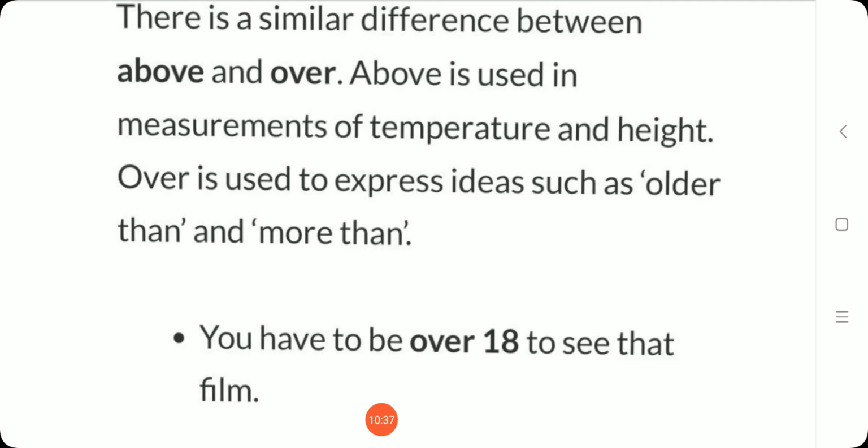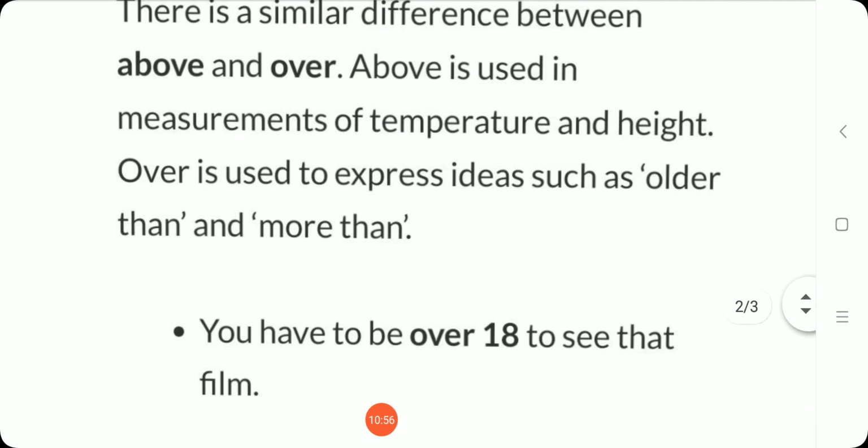So under எங்க யூஸ் பண்ணலாம்னு பார்த்தோம்? For younger than or less than. For less than or younger than நம்ம under யூஸ் பண்ணலாம்னு பார்த்தோம் இல்லையா? So அதே மாதிரி over can be used for older than and more than. So you can look at this example. You have to be over 18 to see that film.